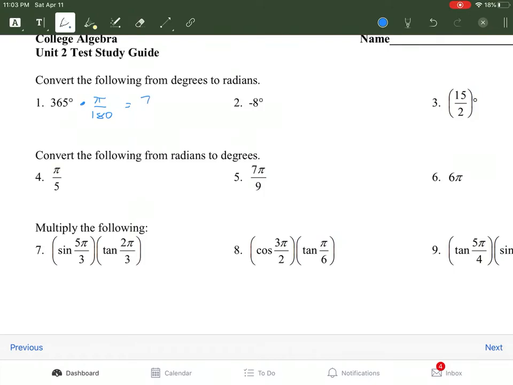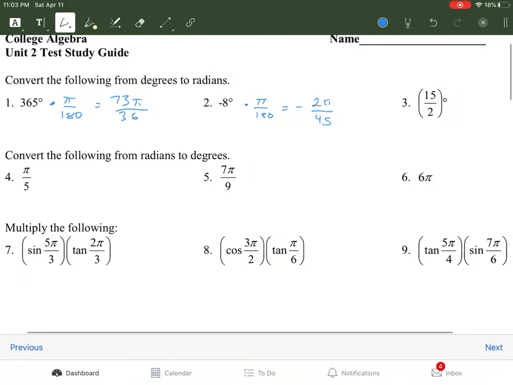So you're going to have 73 pi over 36. If you reduce your fraction and put pi in the top, you have your radian. Next one, -8 times pi over 180. So -8 divided by 180, your fraction is going to be -2 pi over 45.